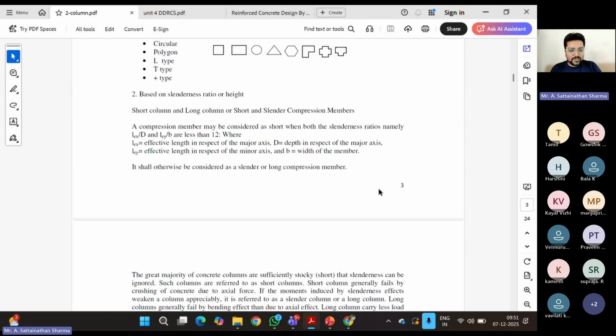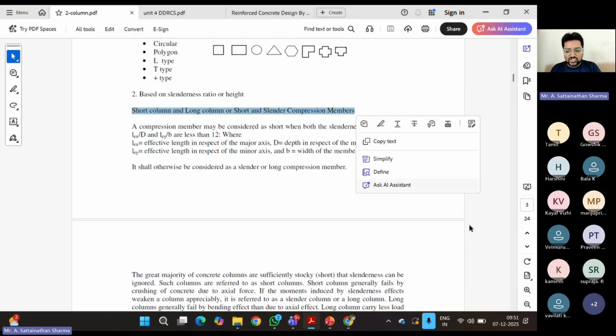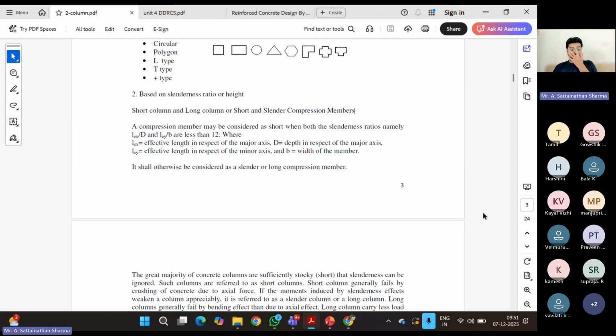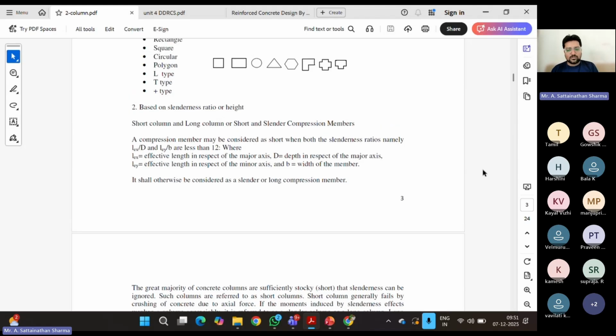Right. The one which I have left now, I'm addressing that. One is long column, another one is short column. Which column is called long and which is called short? It's a very basic classification of column with respect to the slenderness ratio. That slenderness ratio we call L by D ratio. When I say L by D, you will ask which direction, right?